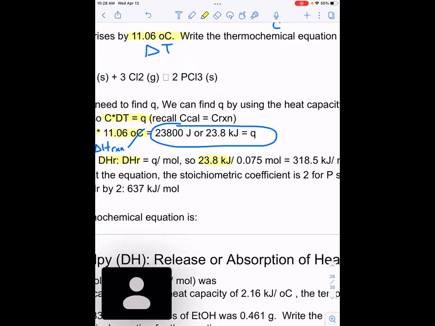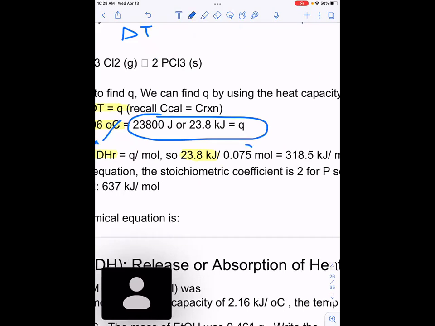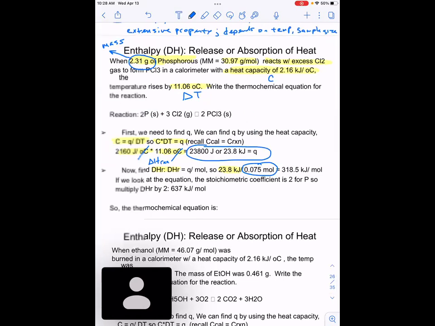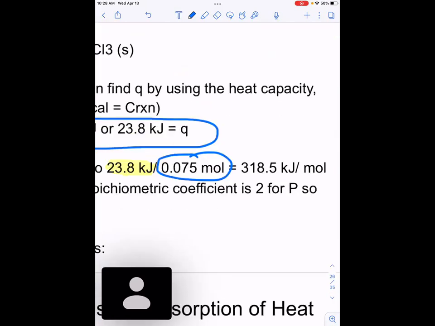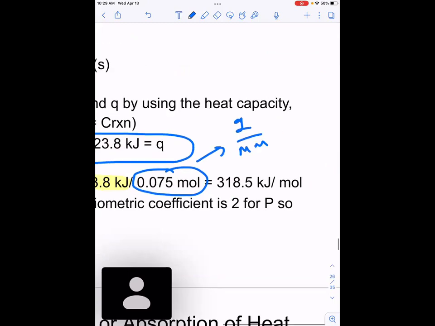And then we know that this number we get from where? Where do we get the number of moles of phosphorus from? What information did it give us at the very beginning that would allow us to calculate moles of phosphorus? Wouldn't that be just grams over molar mass of phosphorus?